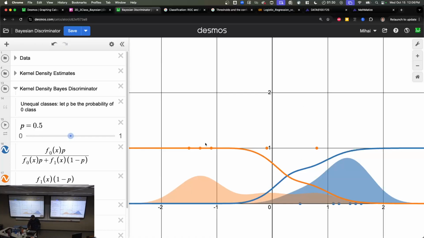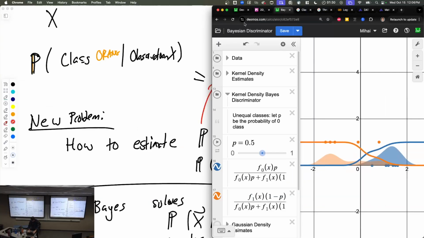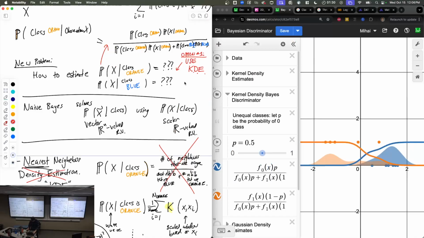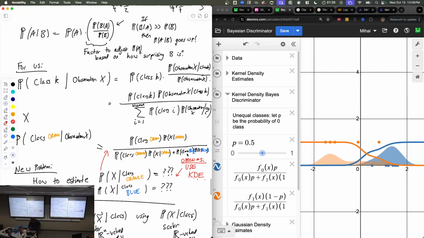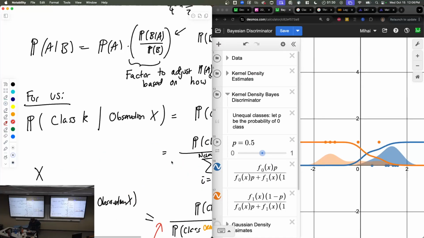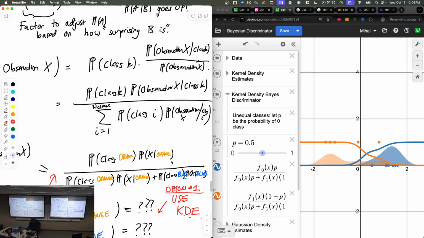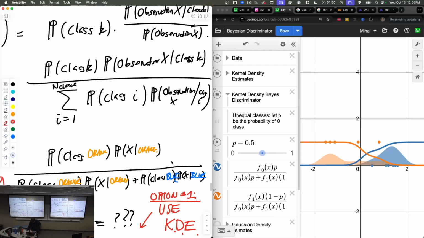So this is combining the formula exactly like we said before. Let's see, can I fit it all on one screen so we can compare and make sure we did it right? So here's the formula we had before. So it's the probability by Bayes theorem, it's the probability of the orange class. That's what I called P, times the probability of x given orange. Okay, I'm doing it with blue. I should have written blues everywhere here.